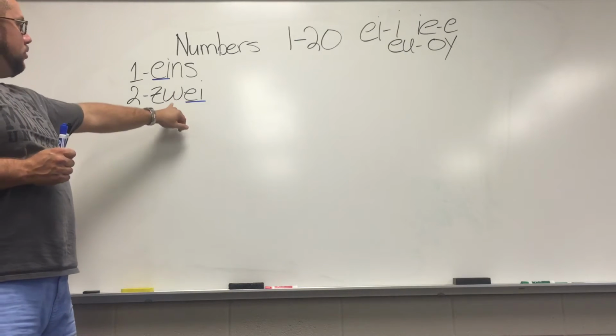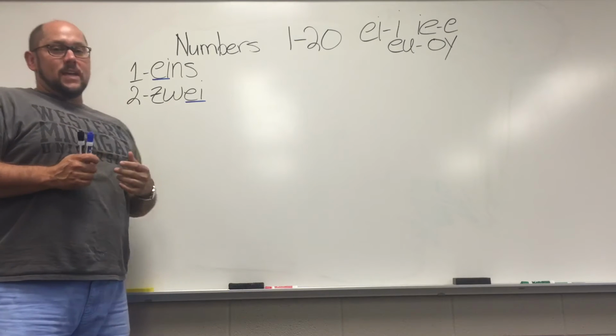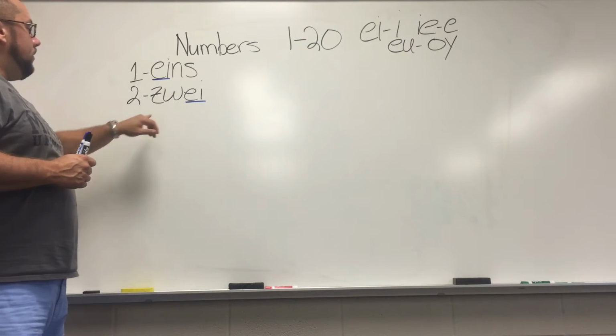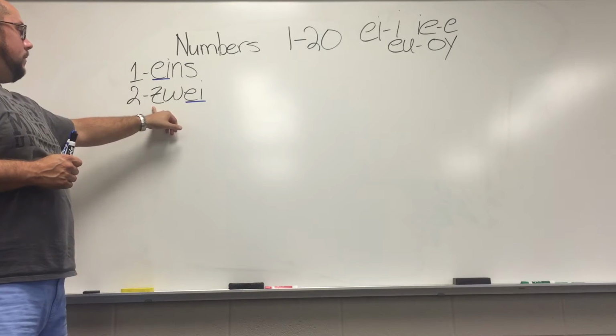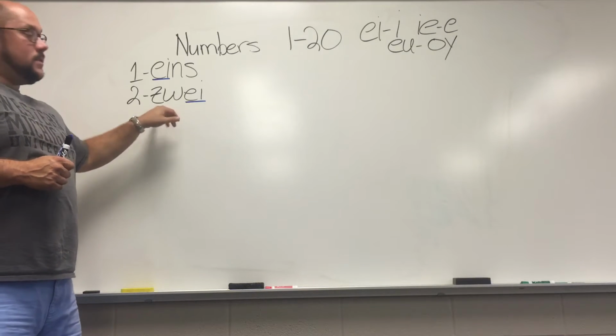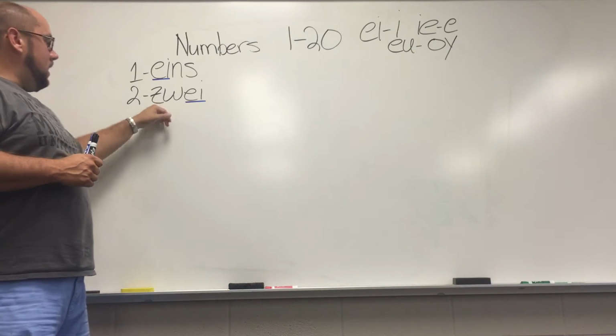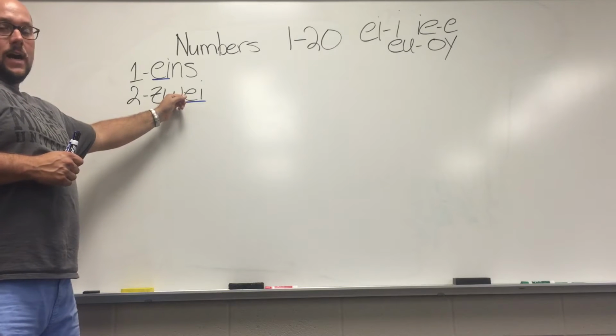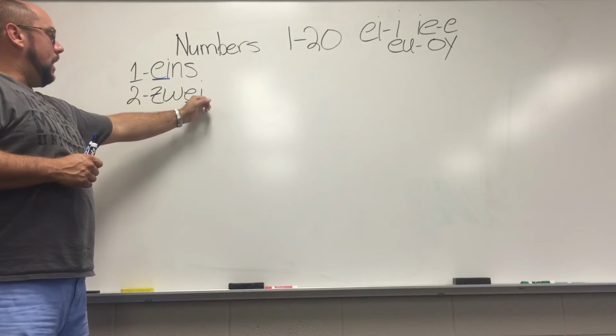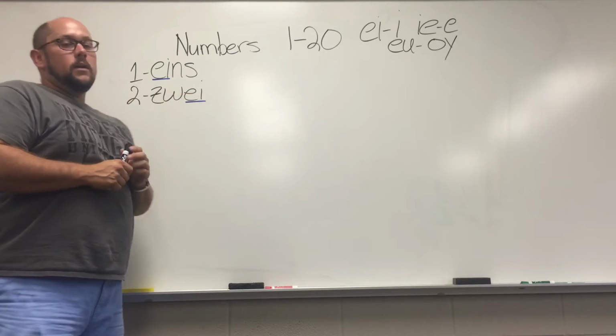I told you that the W's in German make a V sound. So we have the ts from set and the V sound combined with the I to make zwei.